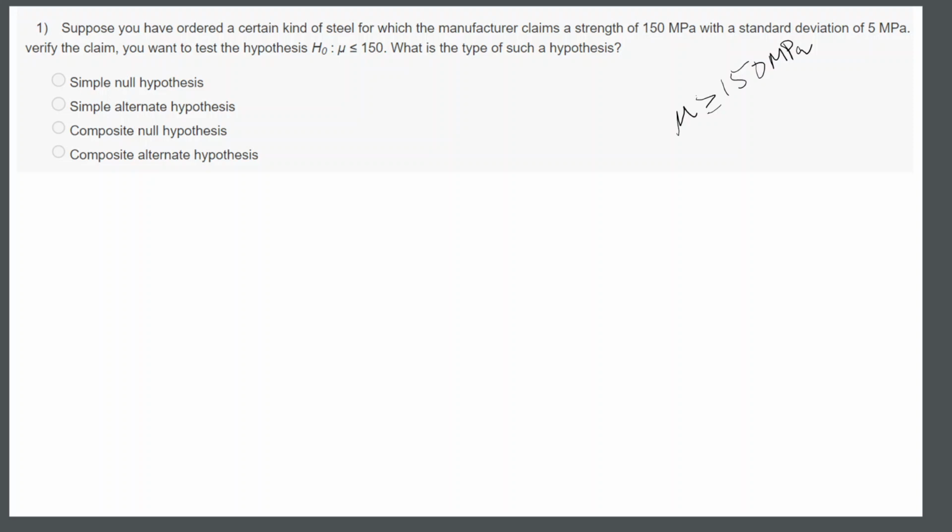To tell that, we should have this condition, mu greater than or equal to 150 MPa. But in this case, we are having mu less than or equal to 150 MPa, which we can call a simple alternate hypothesis.